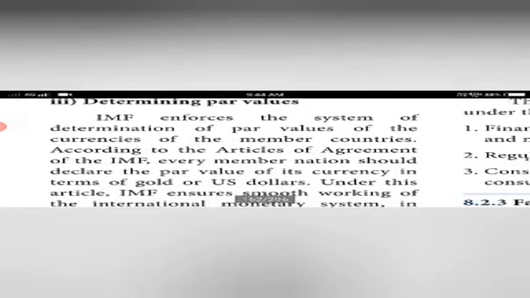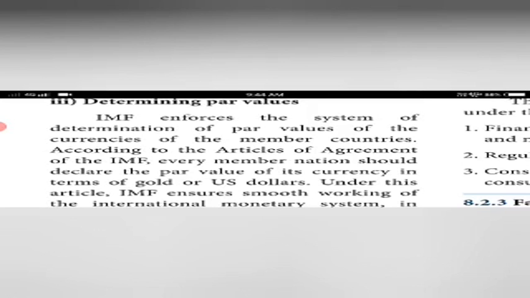Determining par values. The IMF enforces the system of determination of par values of the currencies of the member countries. Par value means they should maintain one value of the commodity or the price of gold. They should not go beyond the value of the commodities or gold. Each and every country maintains one static value for its currency.